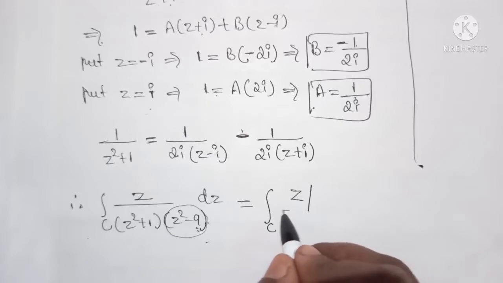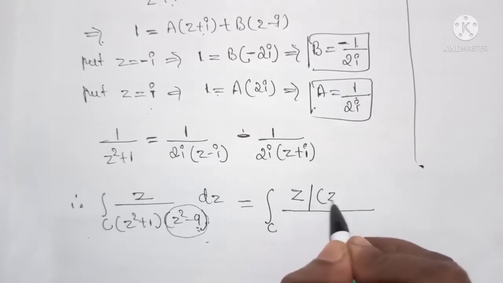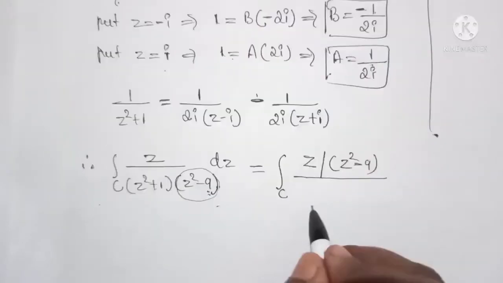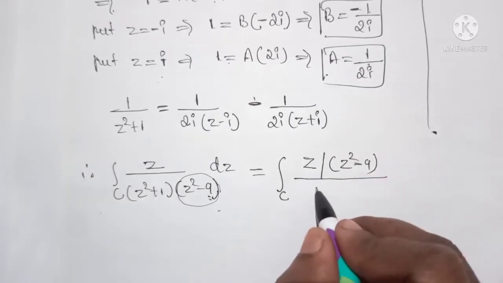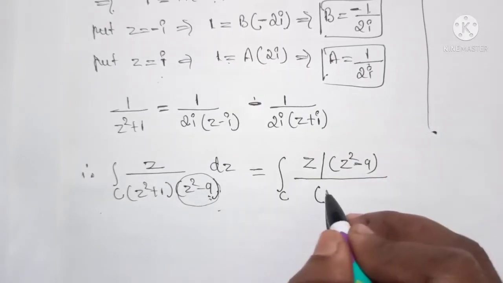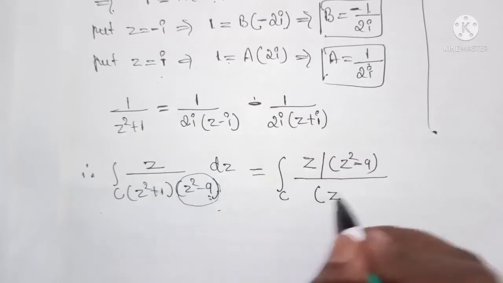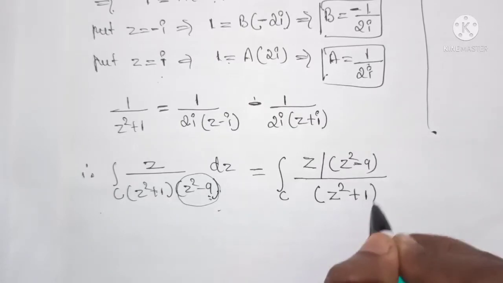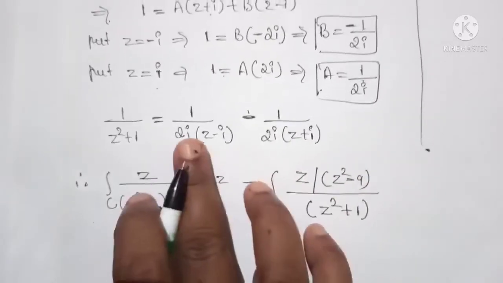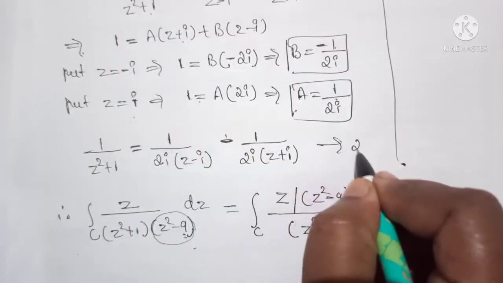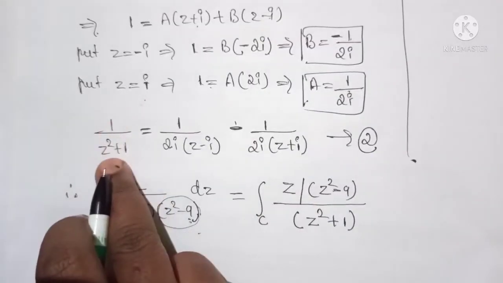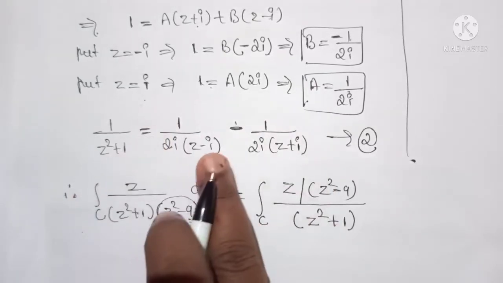Only for the denominator for which the point of singularity lies inside the circle, that is z square plus 1, we use the partial fraction method, and 1 by z square plus 1 can be represented by this one.